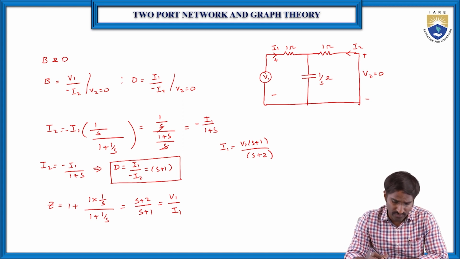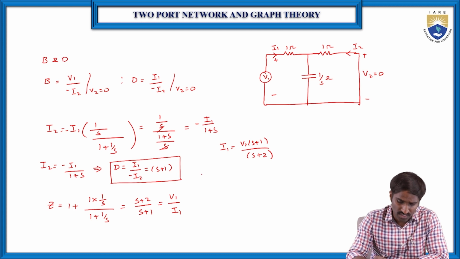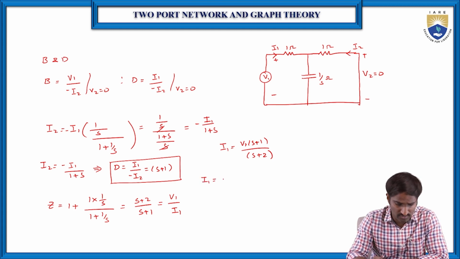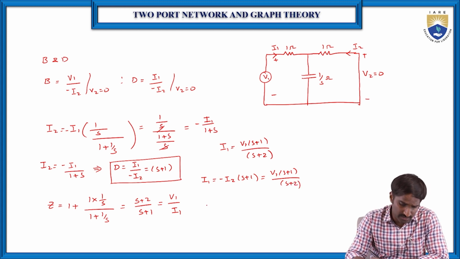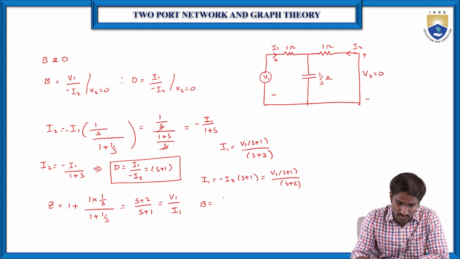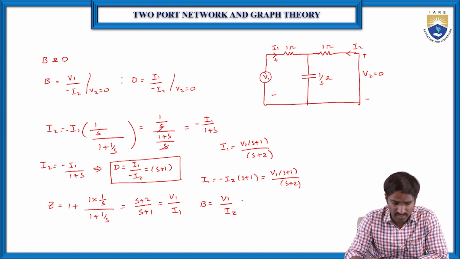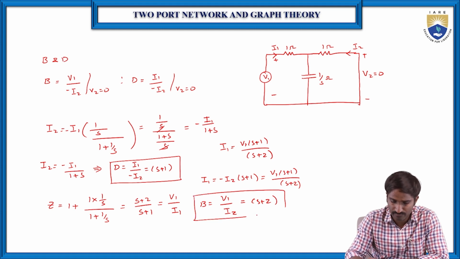So as we know, I1 is equal to minus I2 into S plus 1, which is equal to V1 into S plus 1 by S plus 2. So then you will get B is equal to V1 by minus I2. From this you can find I2 is equal to I1 by S plus 1. Then substitute here, you will get finally the value is S plus 2. This is the value of B.